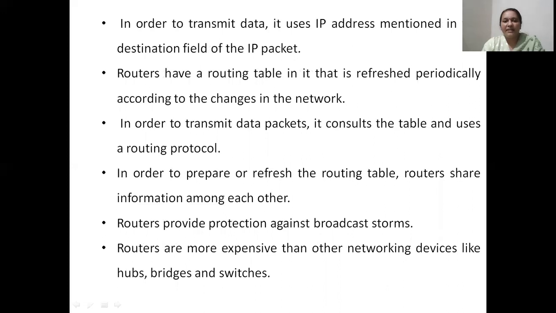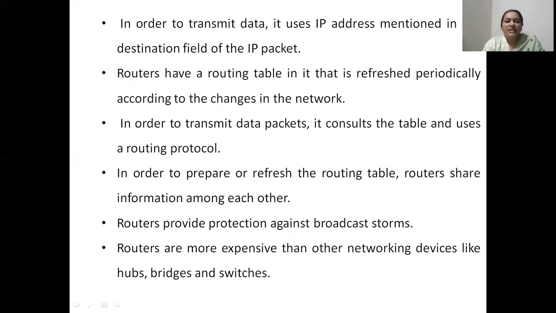Each IP packet contains the source and destination address, which is the IP address of the source node and destination node. Based on these IP addresses, the router will check its routing table and find out the path to reach that particular node. The routers have routing tables, and they refresh these routing tables periodically, depending on the changes occurring in the network.